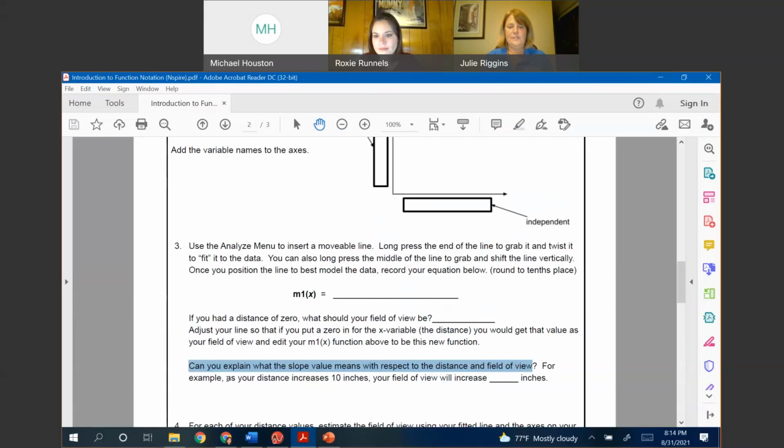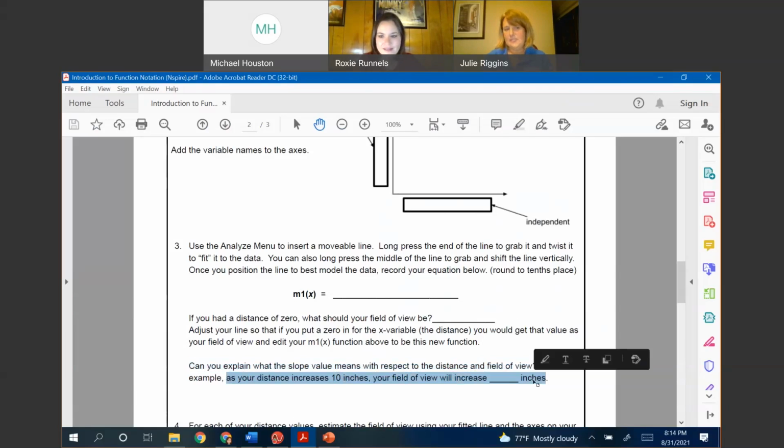And I'm sure you guys are getting ready to type something in, but you can see on my handout, I kind of help my students a little bit because they struggle with this idea of what does slope mean. That's what I love about using a real world example, because the numbers mean something, right? It's not just 0.4. What does it mean?